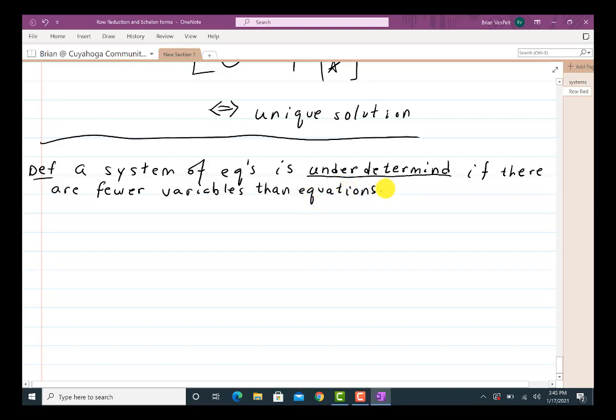In a situation like that, the best you're ever going to be able to do probably is to get an infinite number of solutions, but you won't be able to get a unique solution.